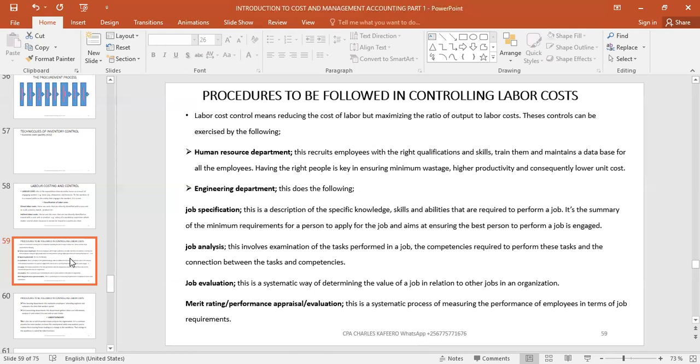When there is high productivity and efficiency, we expect to be incurring less cost, because what we expect those employees to do is exactly what they are doing. So we will be having a low cost per unit, because when you are producing more and you divide the cost by the amount produced, you'll find that there is a very minimum amount spent on each unit that you produce.